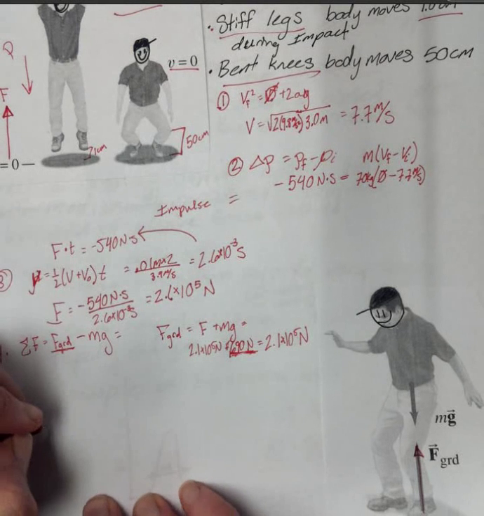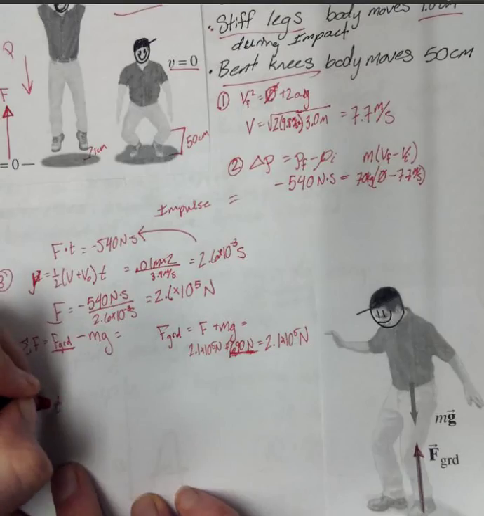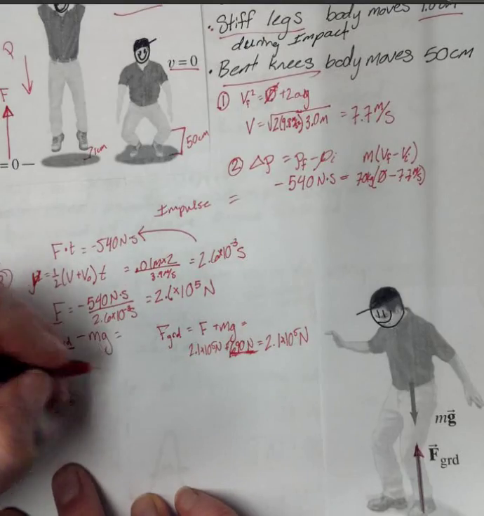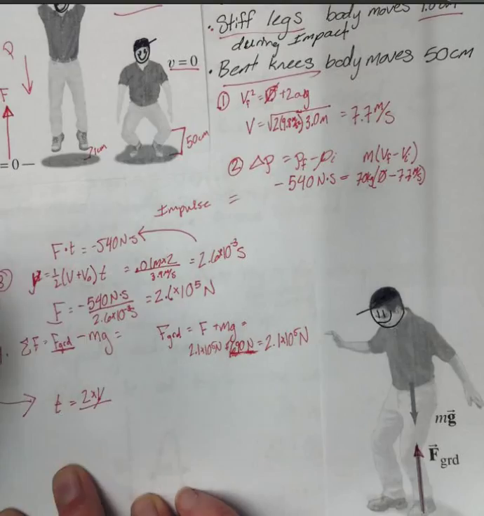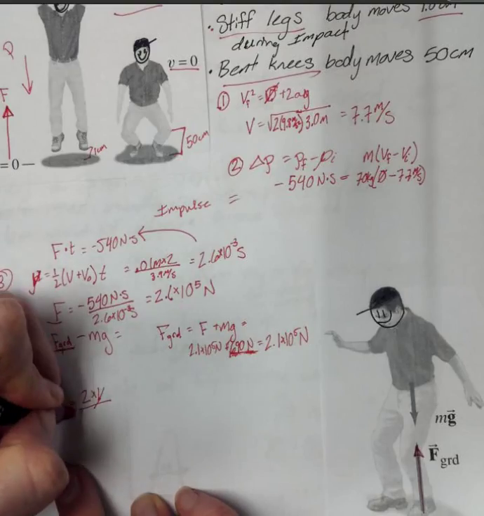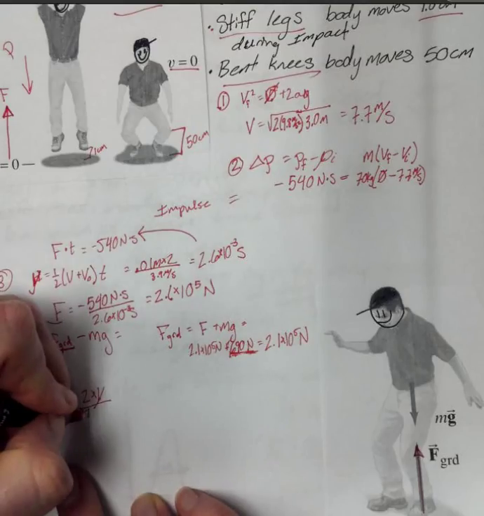So we can rearrange our equation that solves for the average time, and we say that the time is going to equal 2 times his displacement, which is 50 centimeters, divided by 7.7 meters per second.